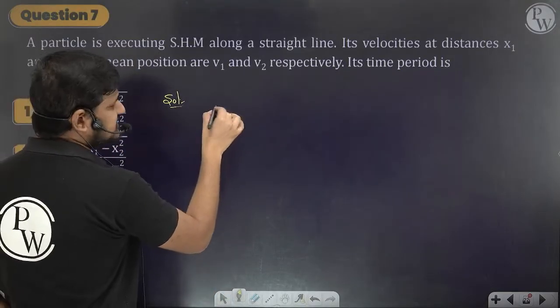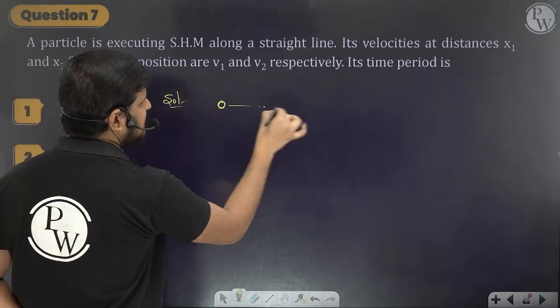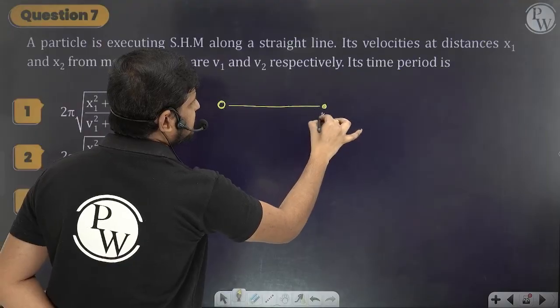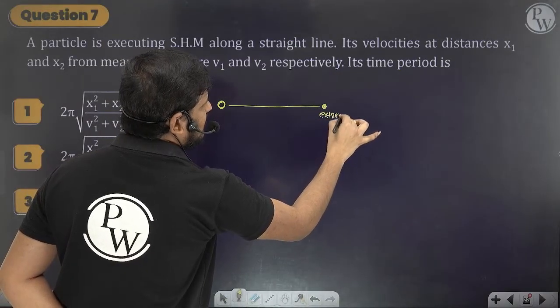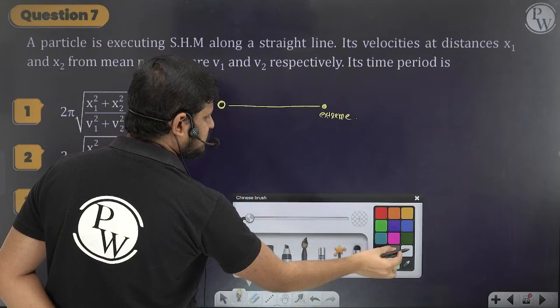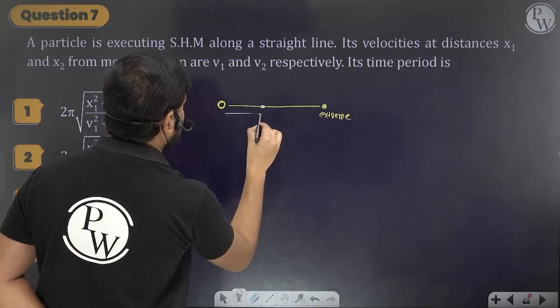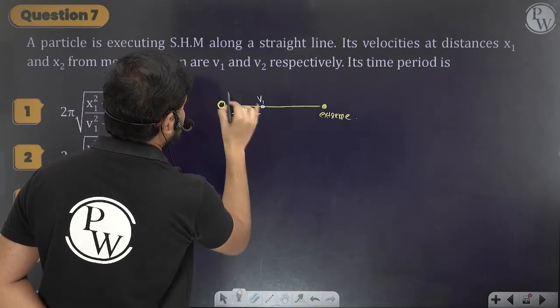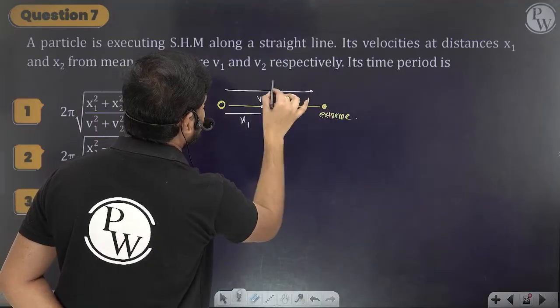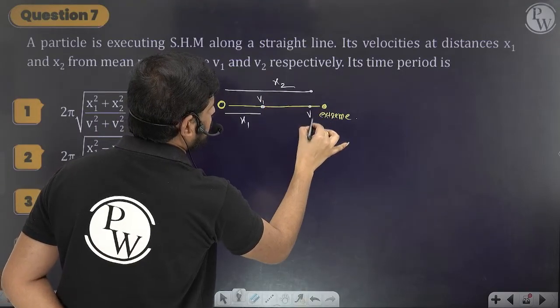So at a distance x1 from the mean position, let's say this is the right extreme position, consider. Now at a distance x1 its velocity is v1, and at a distance x2 its velocity is v2, let's say.